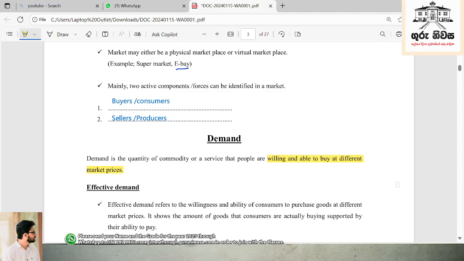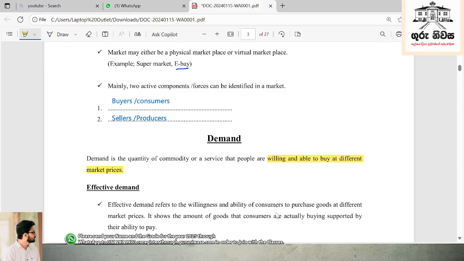Normally, we present demand data, or quantity demanded, the number of units that consumers are willing and able to buy at different market prices, not just demand. Remember that point.